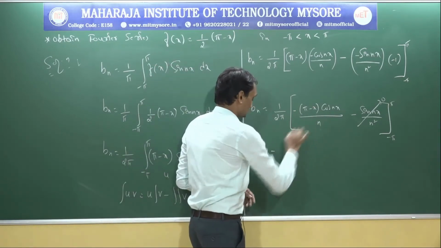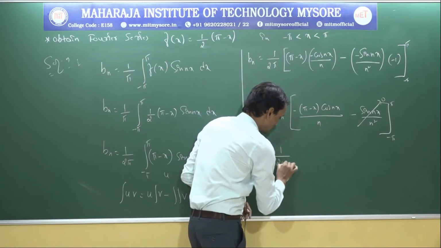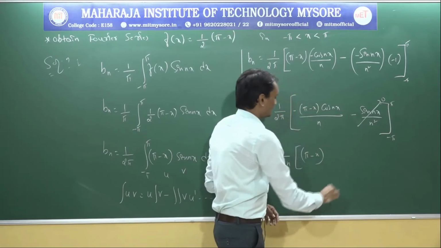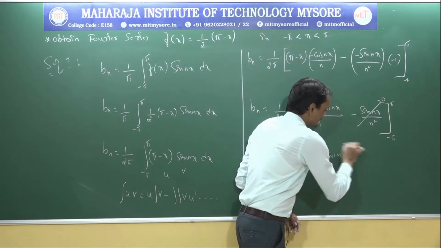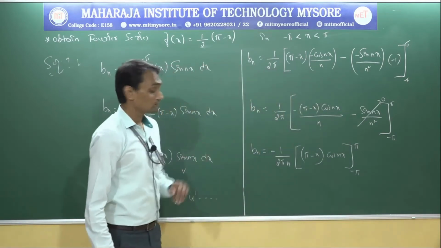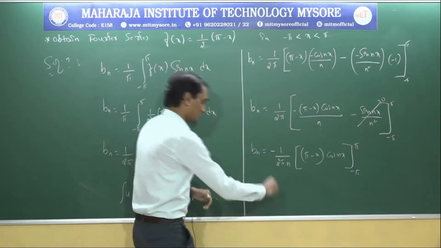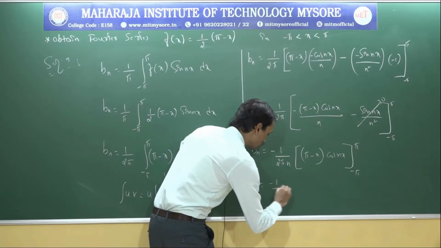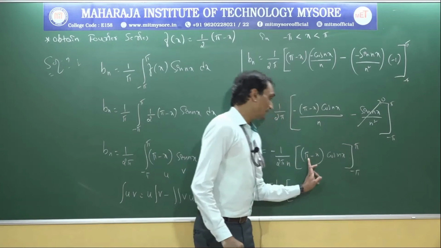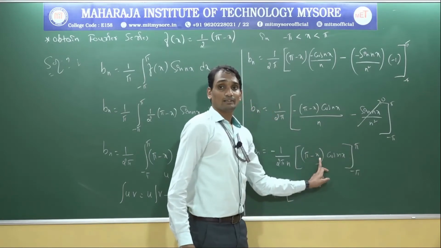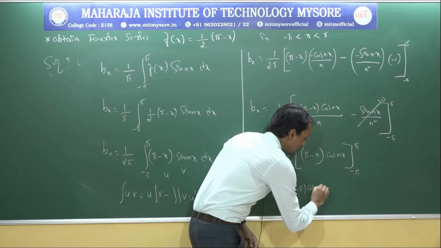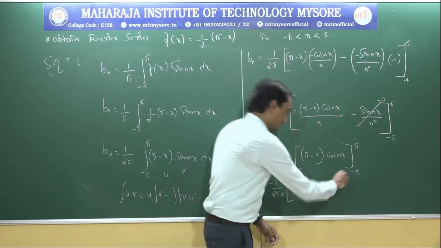So minus 1 by 2 pi n, bracket, pi minus x into cos nx in the interval minus pi to plus pi. Now I will substitute the integral limits. That is bn equal to minus 1 by 2 pi n. If I substitute pi here, pi minus pi is 0, into cos n pi.